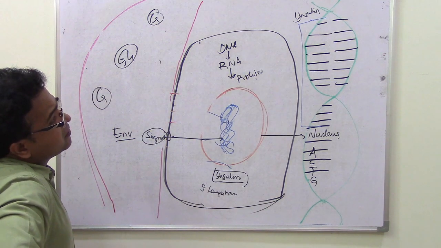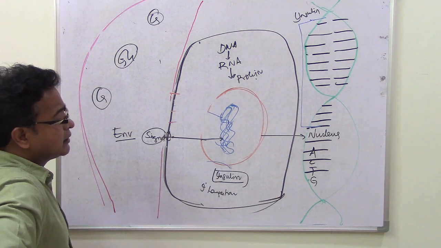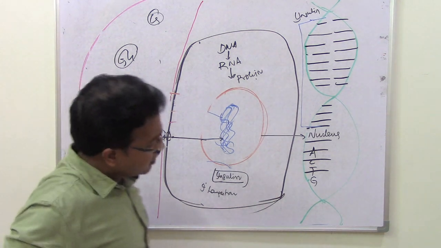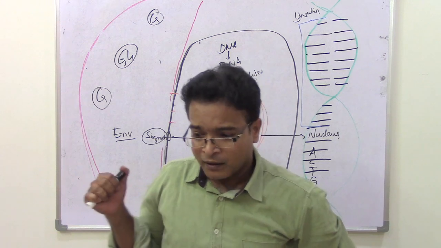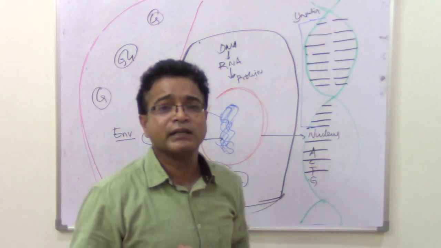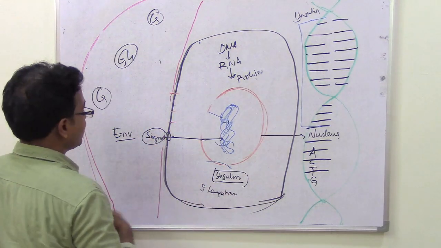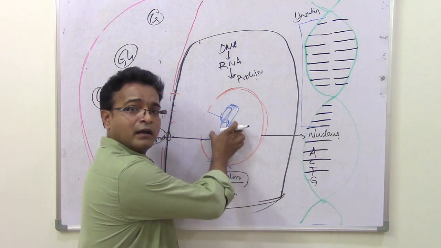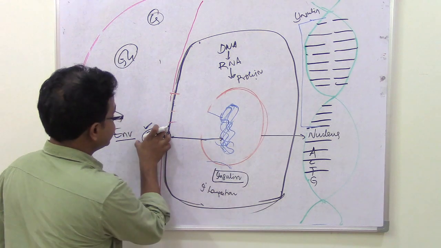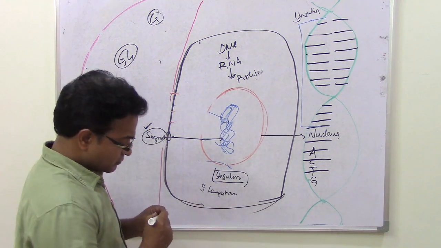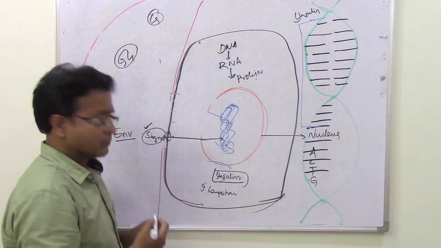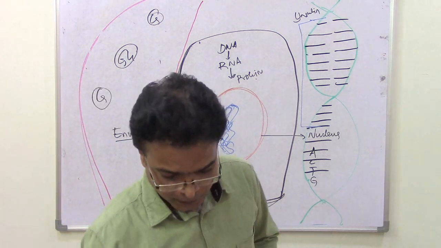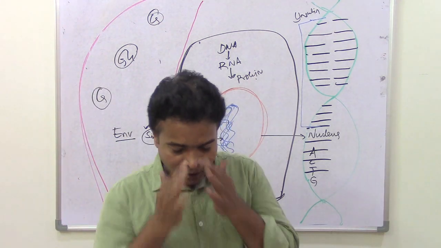Now, if the function of genes is protein, it is not producing that protein without the help of a signal. It is a factory, right? It is a factory and it receives a signal to produce. So, in other words, let's try to see this.